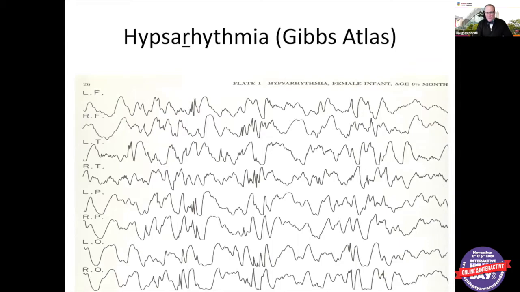The classic example of this, EEG-wise, is hypsarrhythmia, as described by the Gibbs that I showed you earlier in the 1950s. And this, of course, is the EEG pattern that's associated with West syndrome and infantile spasms.